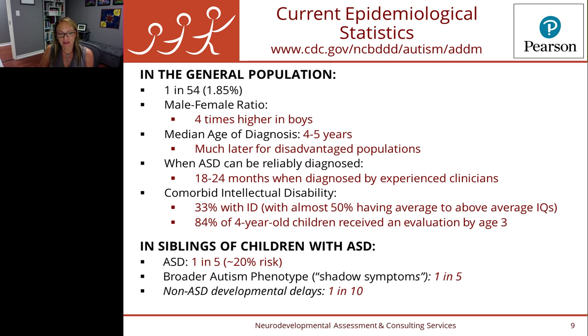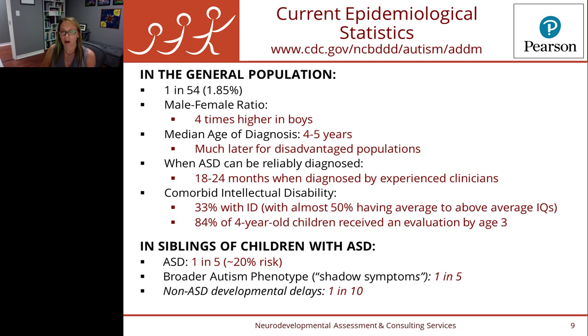And because it is a highly genetic disorder, we'll see higher rates of autism in siblings. So if a family has one child with autism, the likelihood of having a subsequent child with autism is no longer 1 in 54, it's 1 in 5. And then another 1 in 5 siblings will have what we call shadow symptoms of autism, meaning they have some of the symptoms, but not enough to meet full criteria in the DSM.